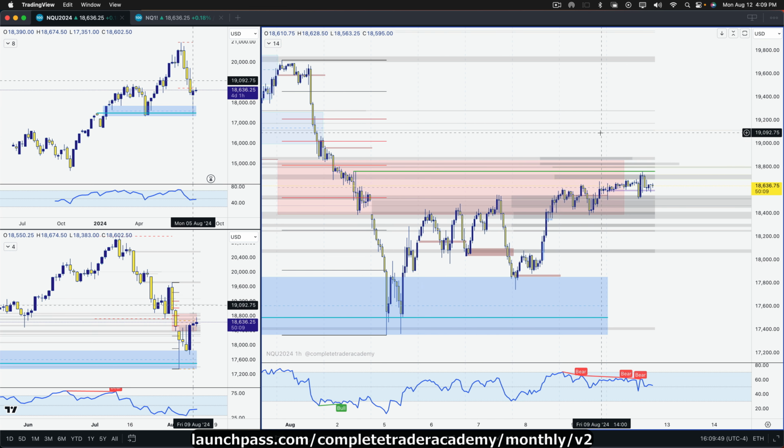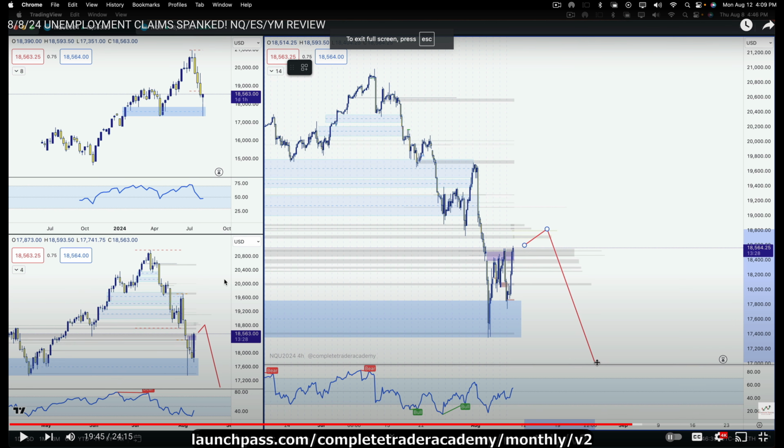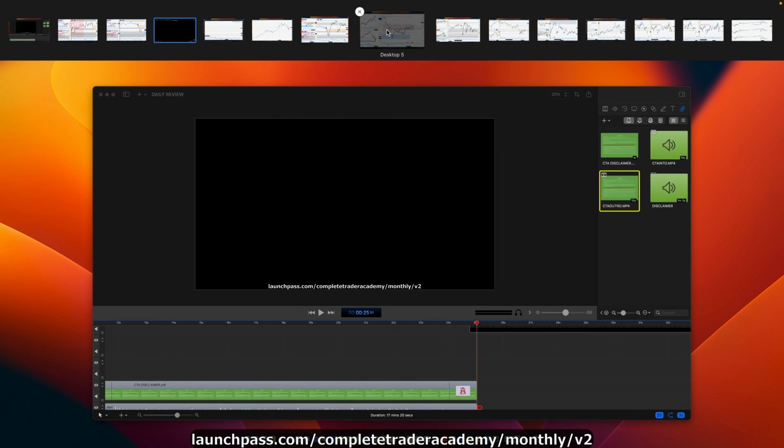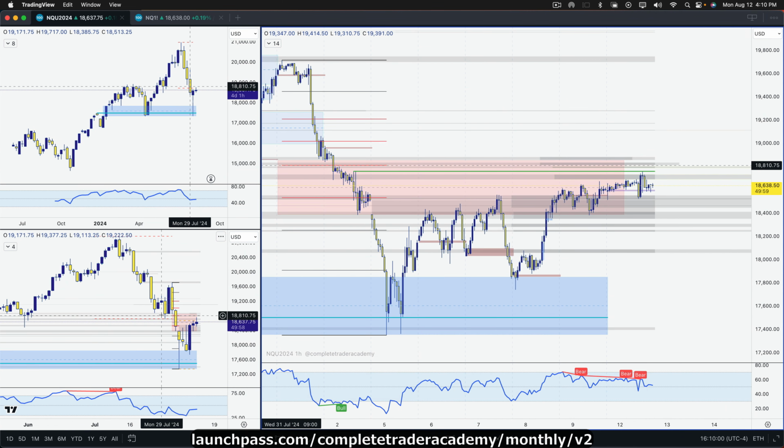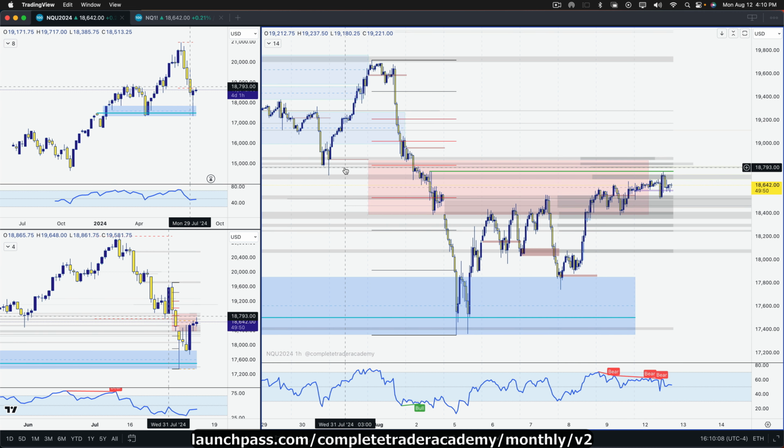So if we're going to continue with our journey down, in this scenario I do like us tagging that high. Now we don't have to, because we also have this wick on the daily chart. You can see this is a 1 hour.